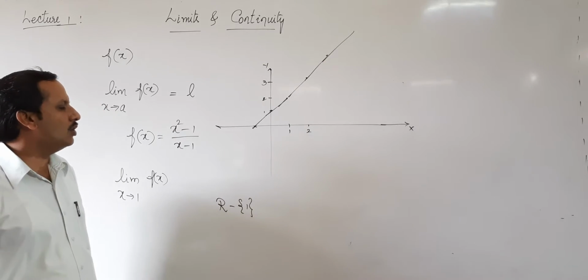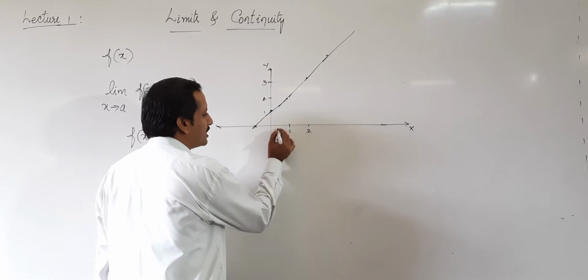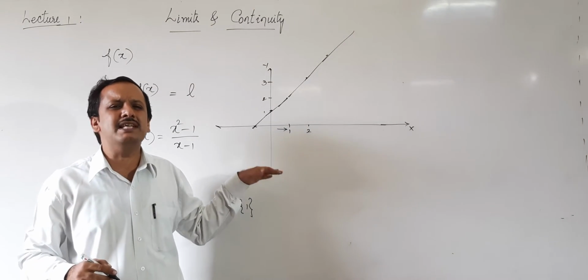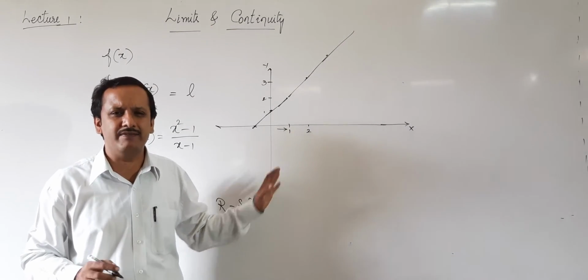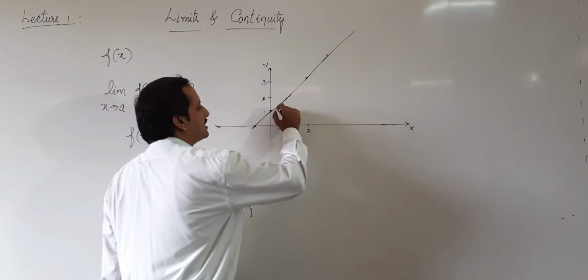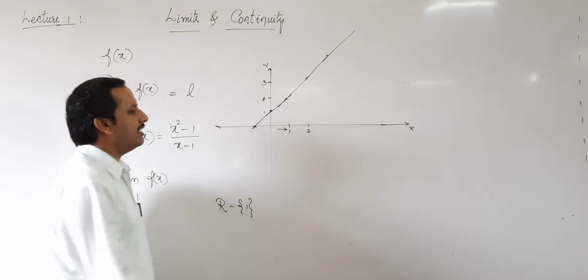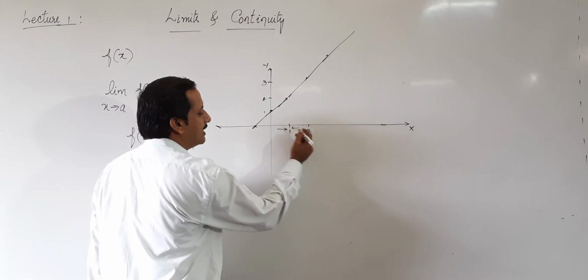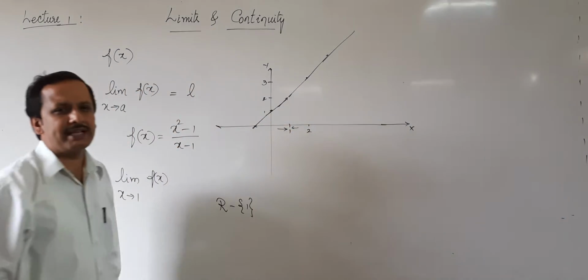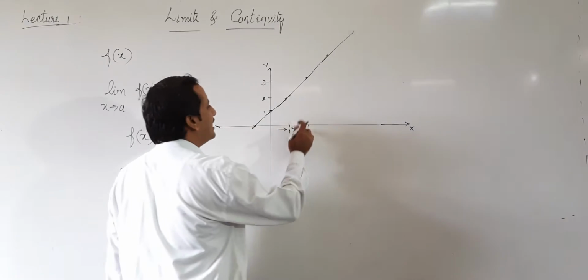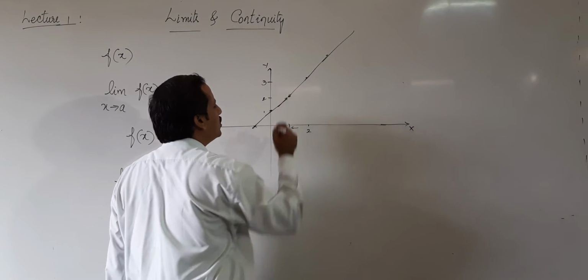Now you look at the graph. When x approaches 1 from the left side, that means x is very close to 1 but less than 1, then what happens to f of x? This is the graph of f of x. f of x is very close to 2. And when x approaches 1 from the right side, that means x is very close to 1 but greater than 1, in that region f of x is approaching 2.